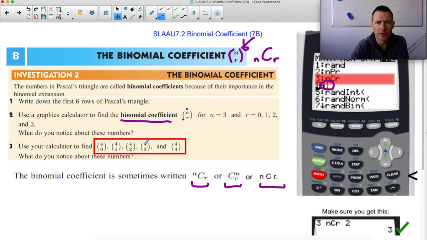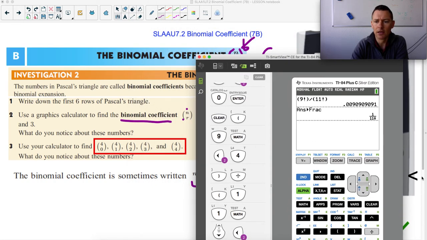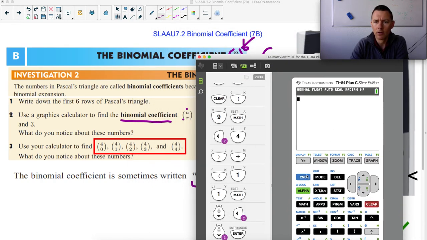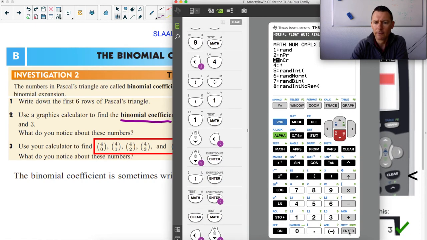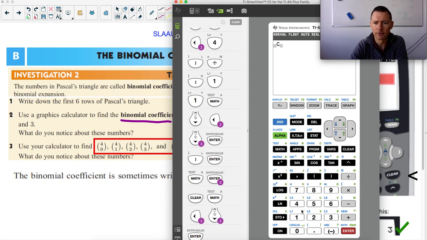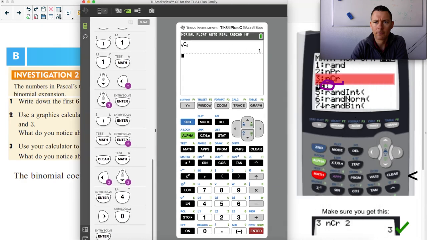So if you put in your calculator, go to n choose r and see if you can put in 40, 41, 42, 43, 44, and I will show you how to run it on this if you need. I'm going to go to math, over to probability, and go to n choose r. And so I'm going to try to find 4 choose 0. So go 4, and you get 1.